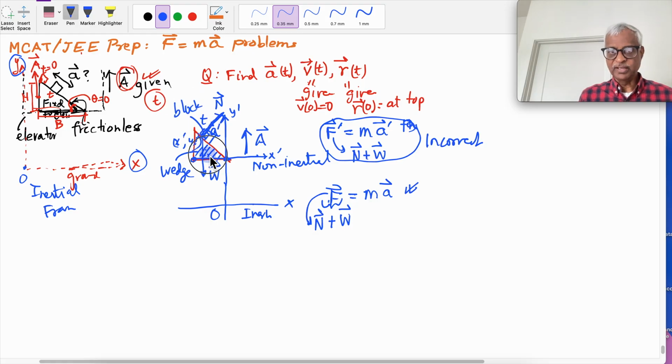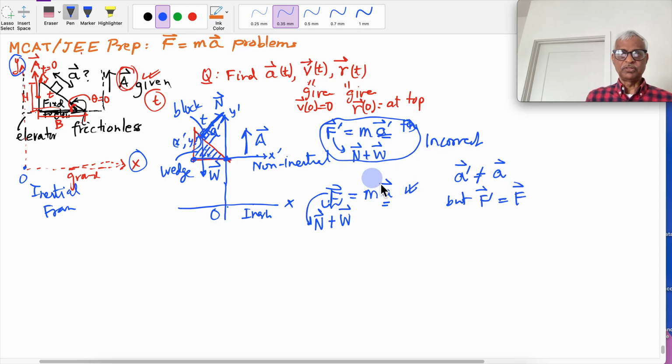With respect to the wedge, but here with respect to the ground, so this acceleration is not equal to that acceleration. Acceleration prime is not equal to acceleration, but F prime is equal to F. So one of them is wrong, but this is the correct one.